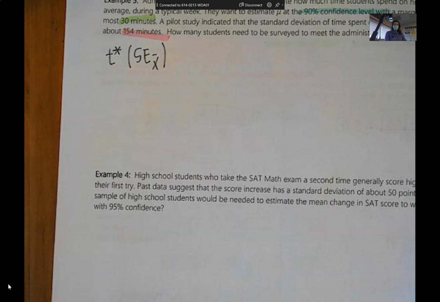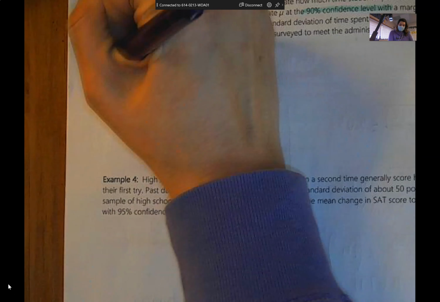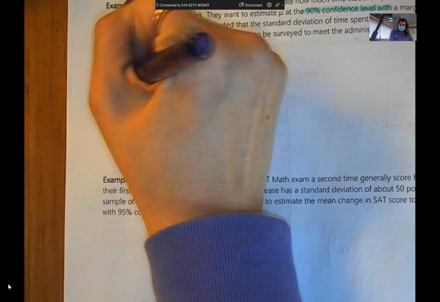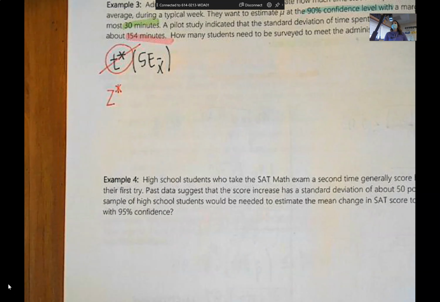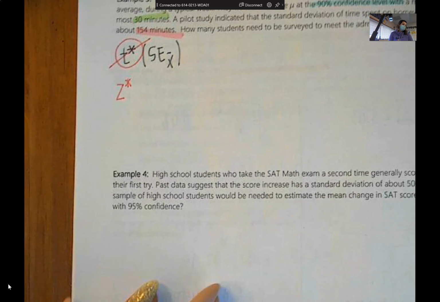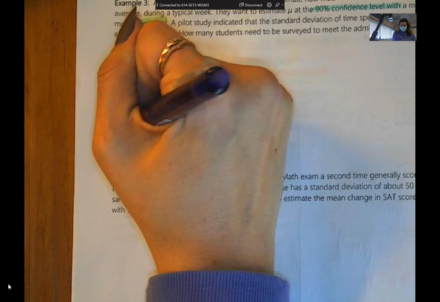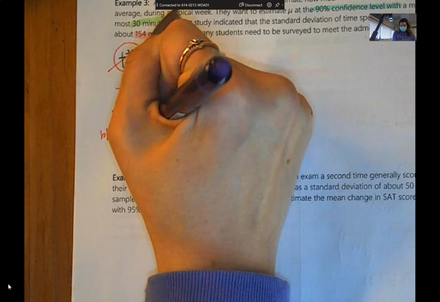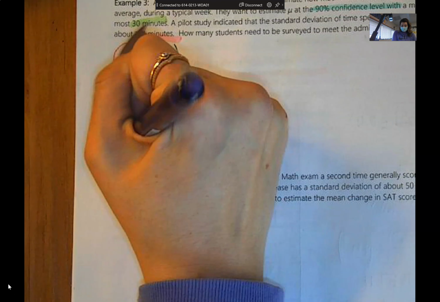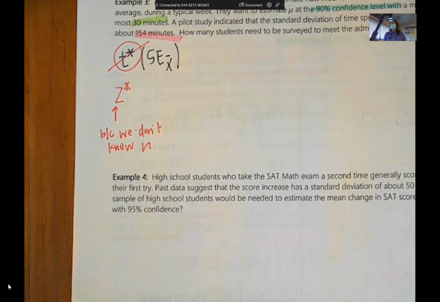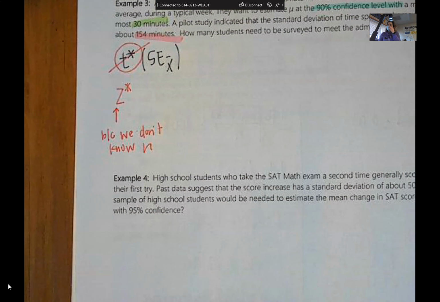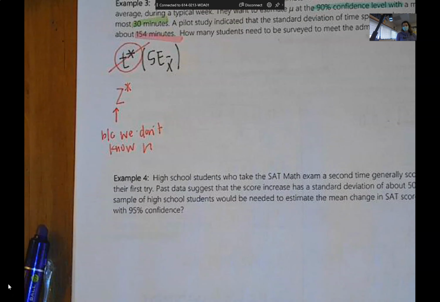This is the only time that we use z critical for a mean. So we use this because we don't know n. Use z instead because we don't know n.